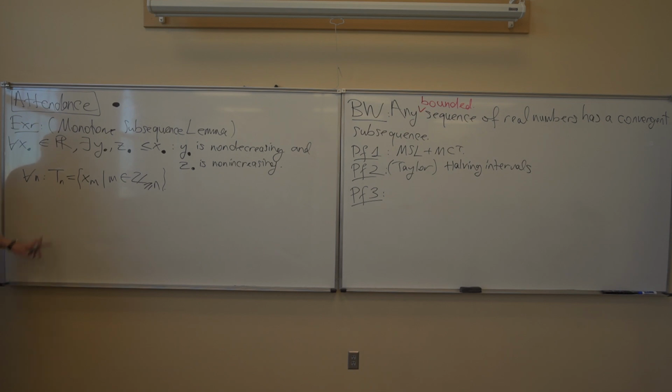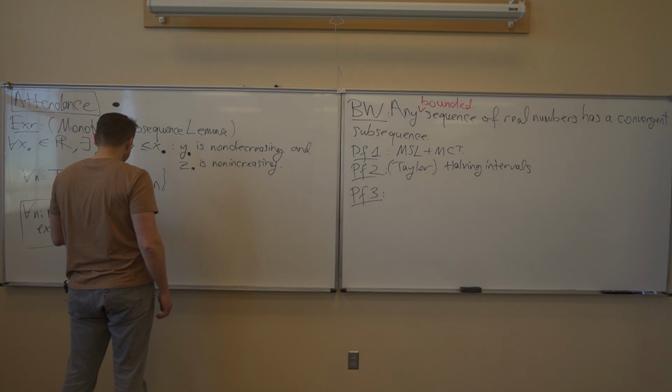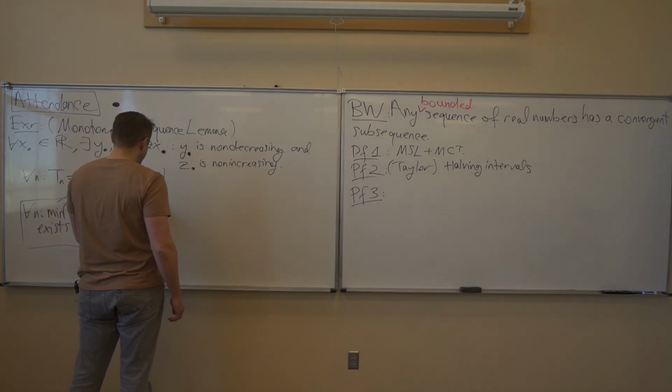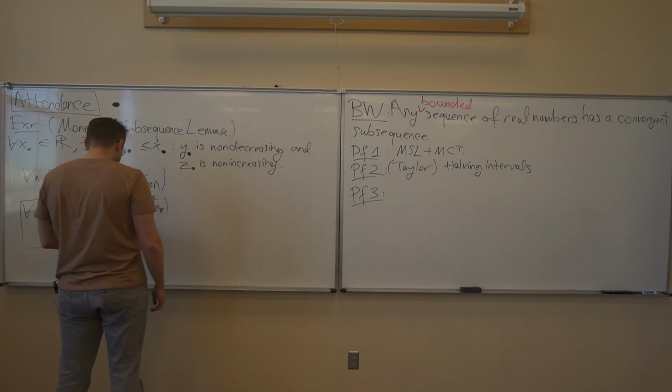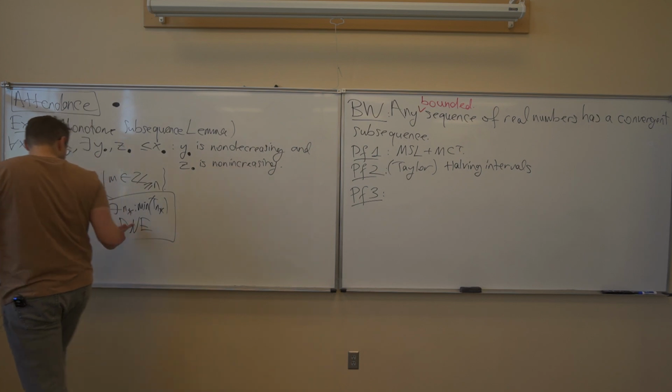Now what you're going to do is this. You're going to say either for each n, T sub n has a minimum, that is, it exists, the least element in T_n, or for some time n, let's call it n star, the min of the n-star-th tail does not exist, which is the negation of this statement.